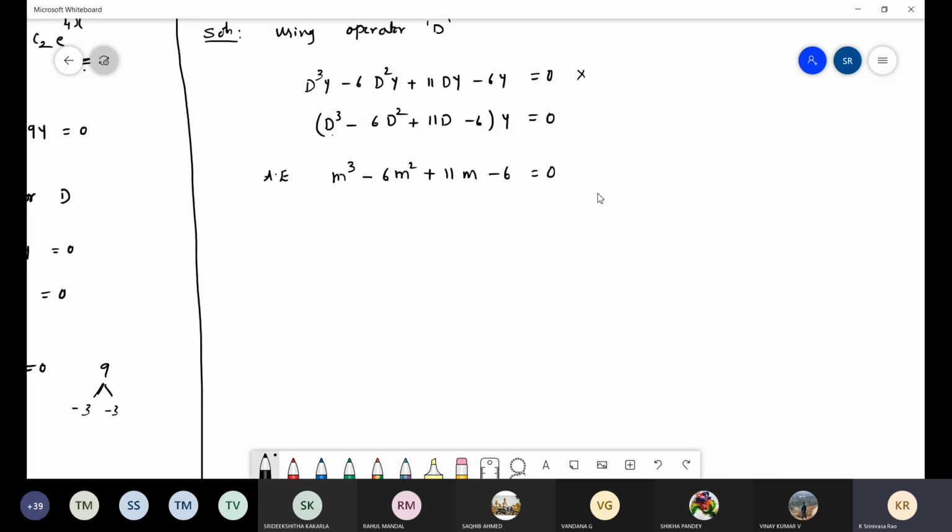We will find one root by the trial and error method. After getting one root, we use the synthetic division method to convert the cubic equation to a quadratic equation, m cube to m square.